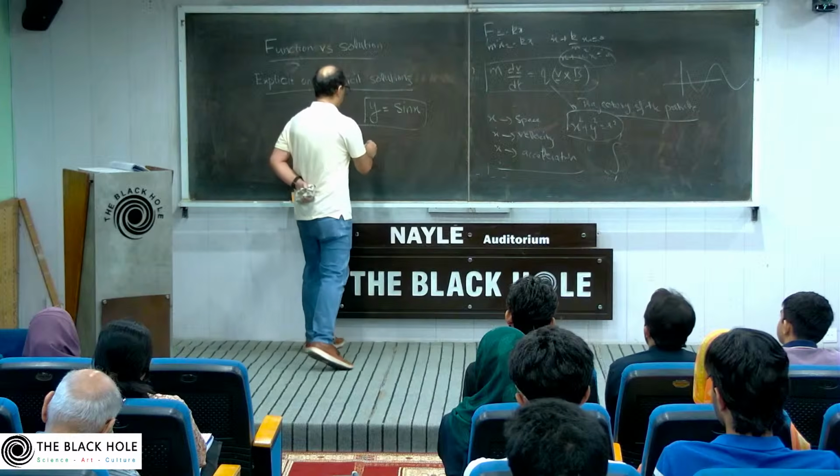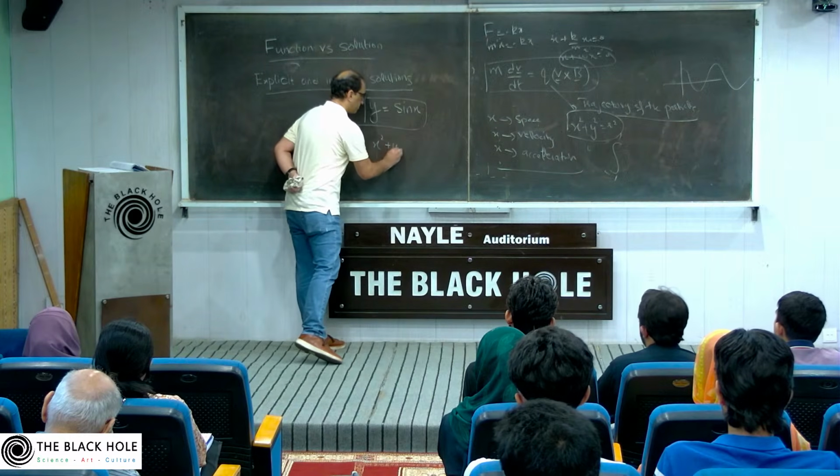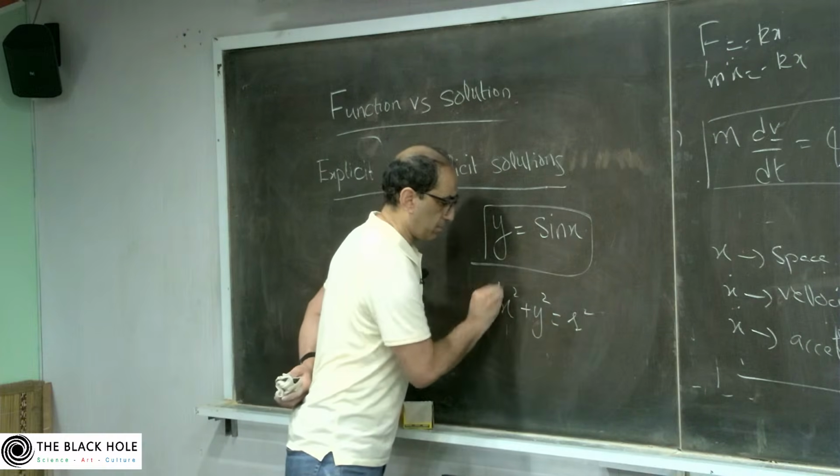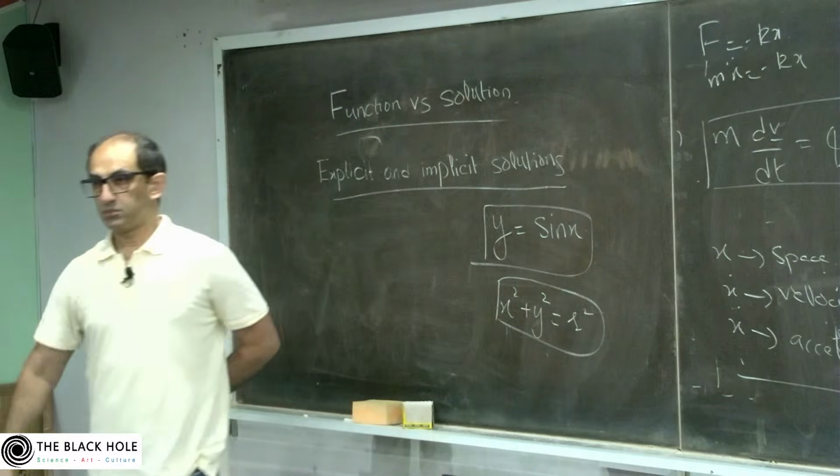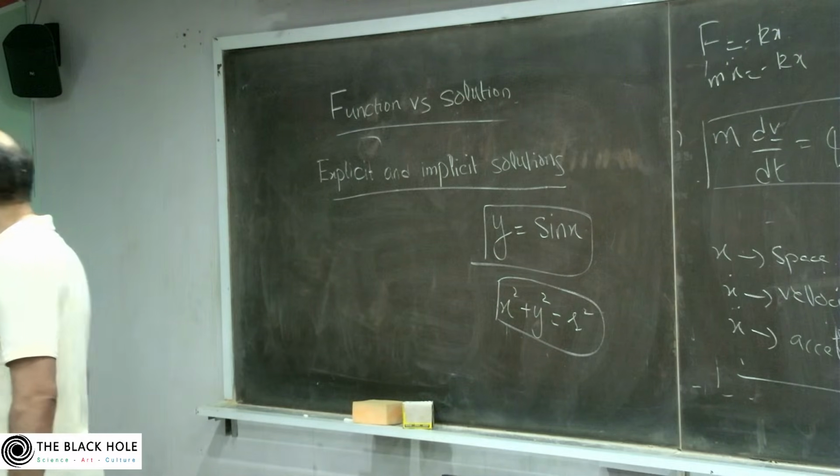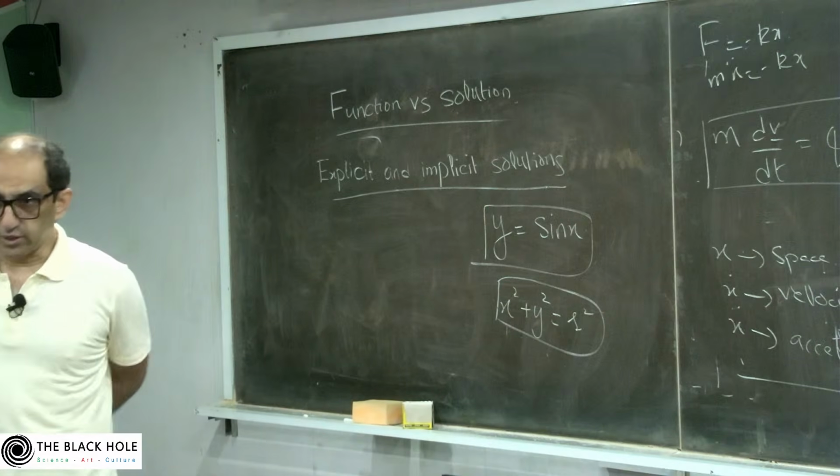Explicit. What about this? Ahmed, tell me. No, this is implicit. And why? What makes you say this?